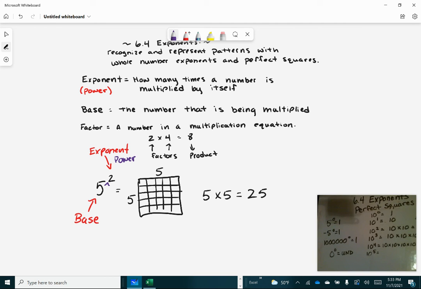You might even see a little caret sometimes if you're typing, because you can't do a tiny 2 when you're typing. Sometimes people will put a little caret and say 2. That means 5 raised to the second power. Or if you can do a little 2, it would just be raised to that power.